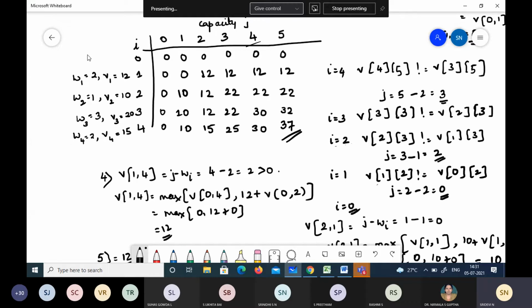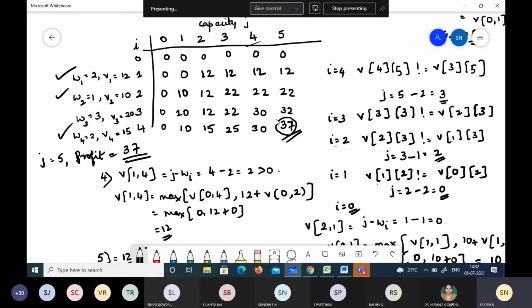So we have selected objects 1, 2 and 4 whose weight is equal to 5, and the knapsack capacity j is equal to 5. And we have the profit earned of the objects which have been selected: 12, 20 plus 15, that is 37. Matching.